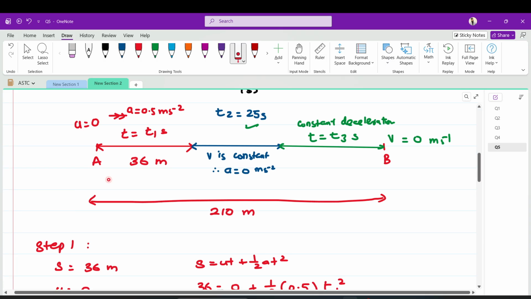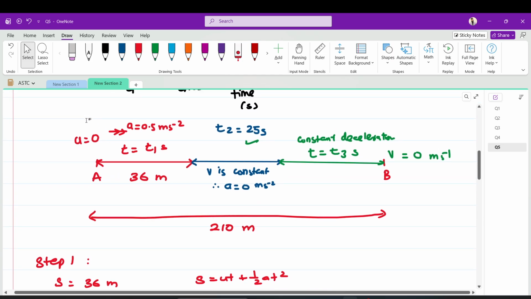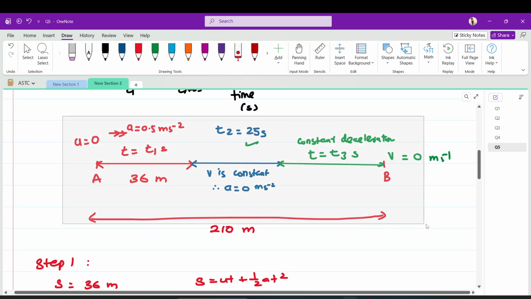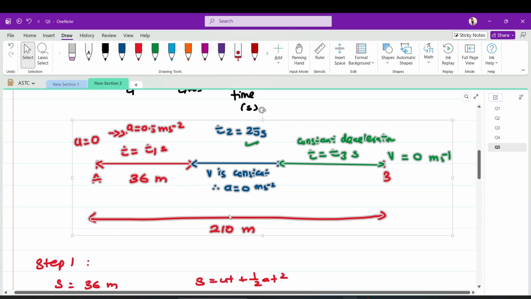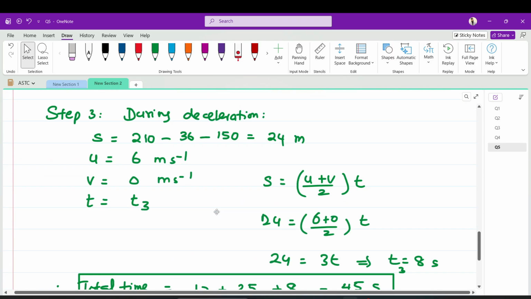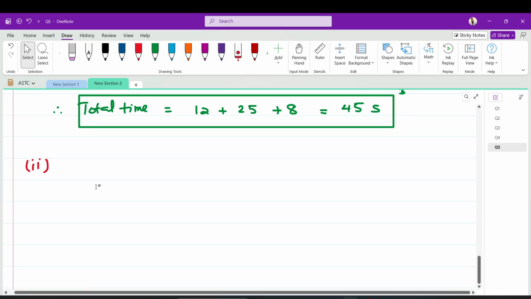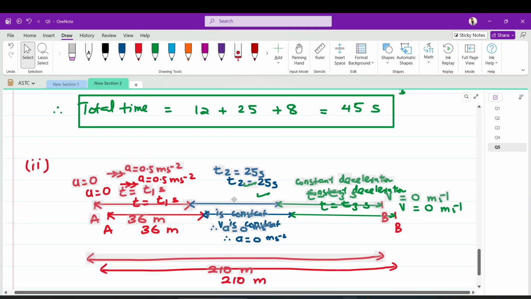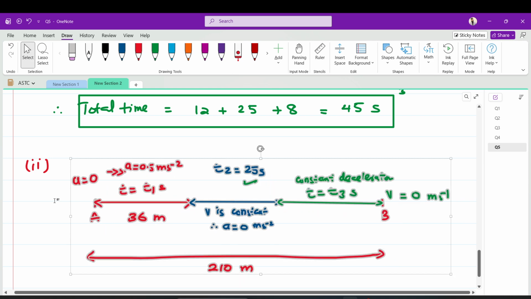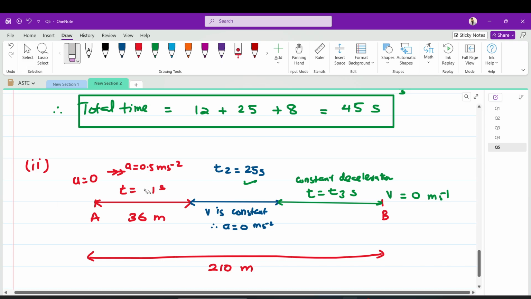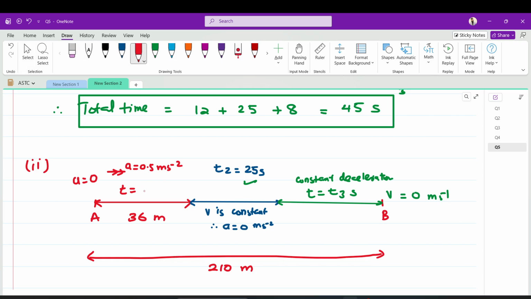So first of all, I think it's a good idea if I take this diagram and write whatever is known to us, so that we can have a clear picture. Let me just modify this. We now know that t is 12 seconds. Then in this region we know that v is 6 meters per second.